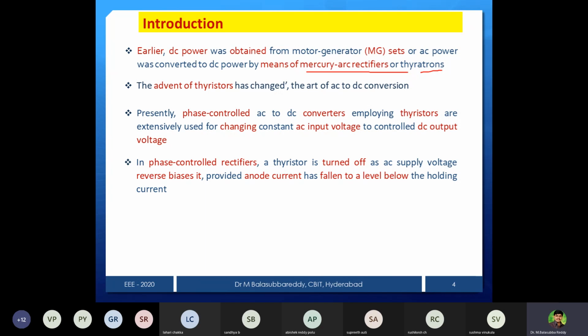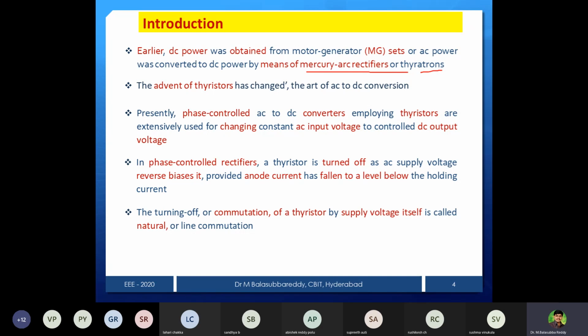When the anode current falls below the holding current, that is the process of turning off the device. The commutation of a thyristor by the supply voltage itself is called natural commutation or line commutation.